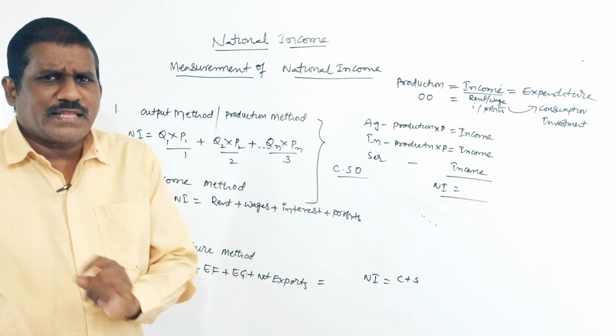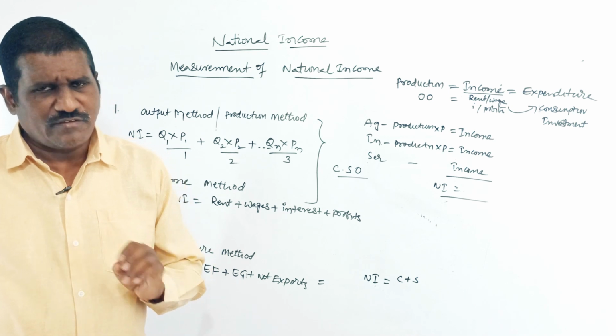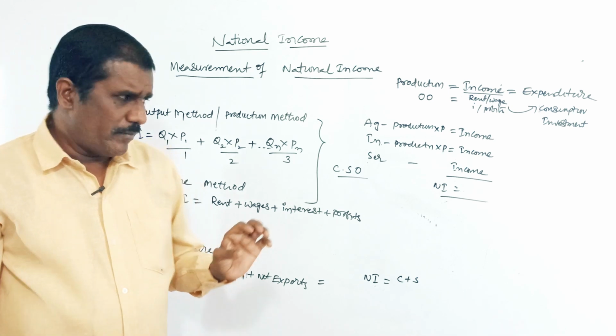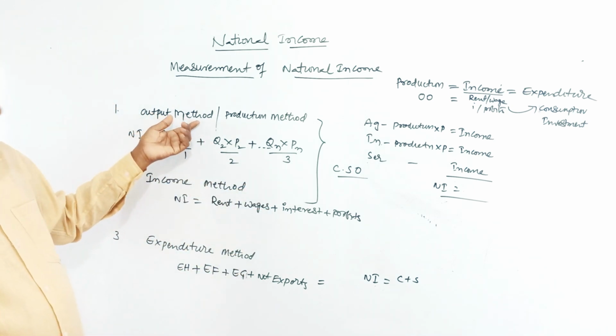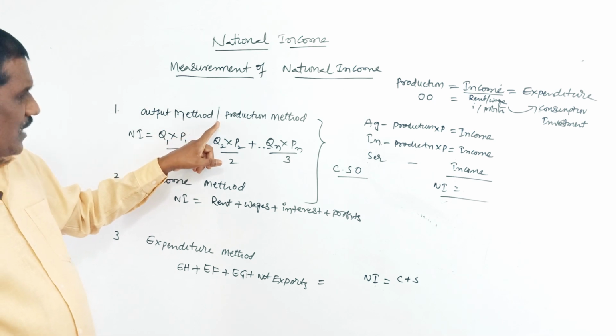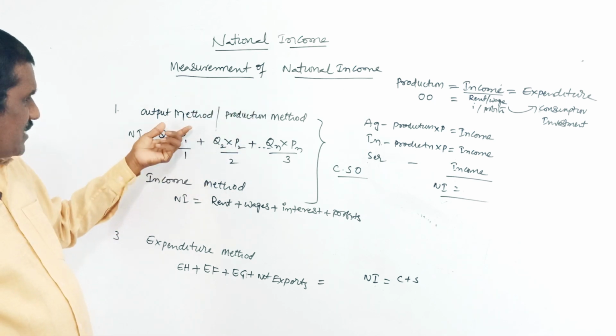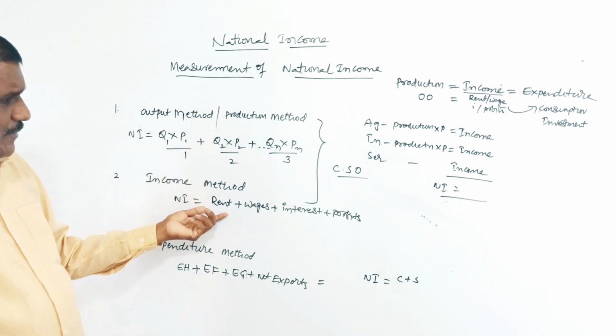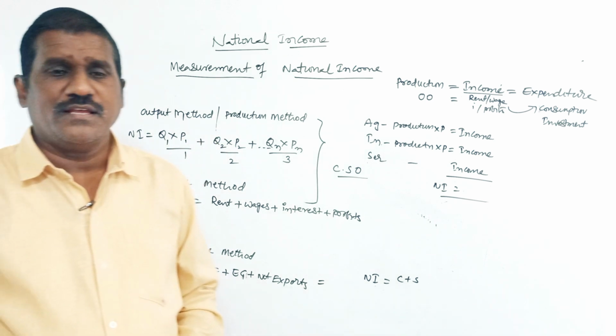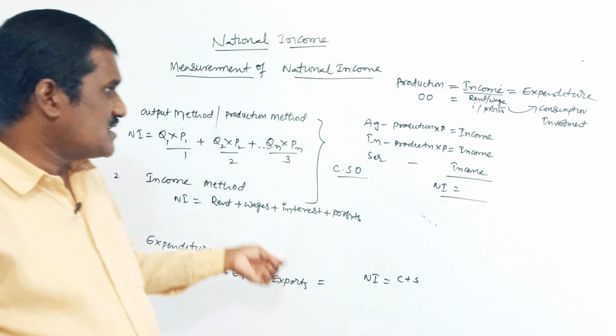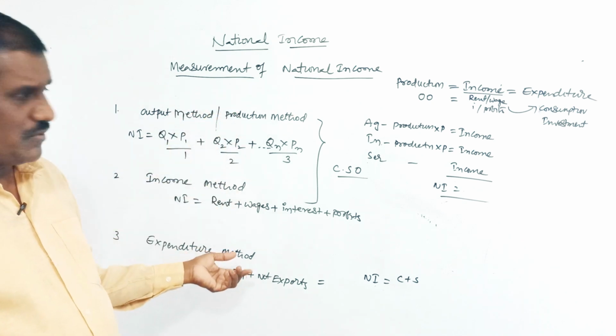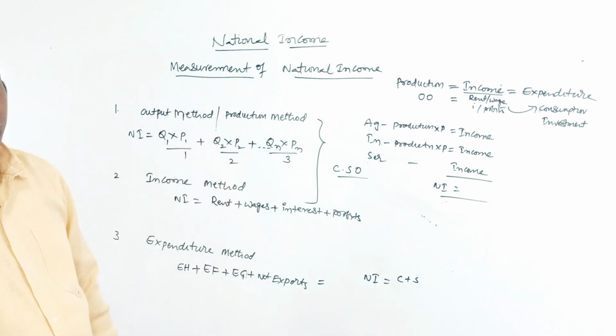They are not maintaining expenditure records and saving records. So in India particularly, we are measuring the national income by using the output method and income method. Okay, so students, this is the information on the measuring methods of national income.